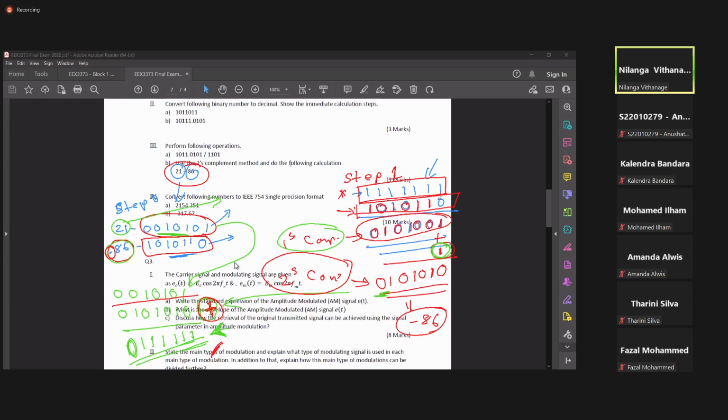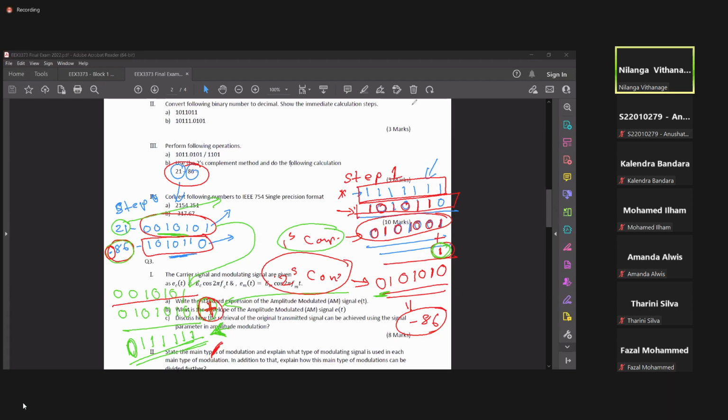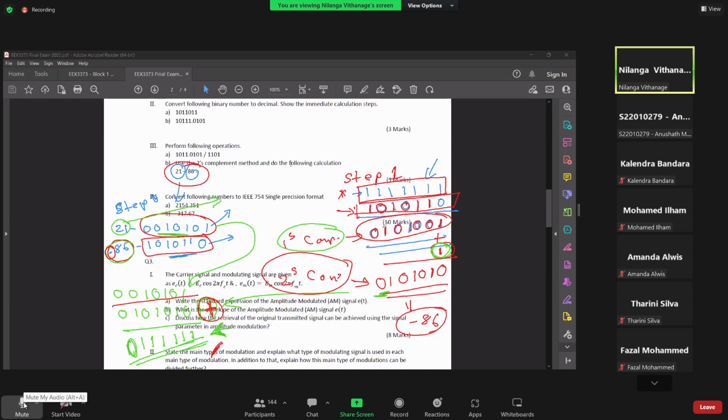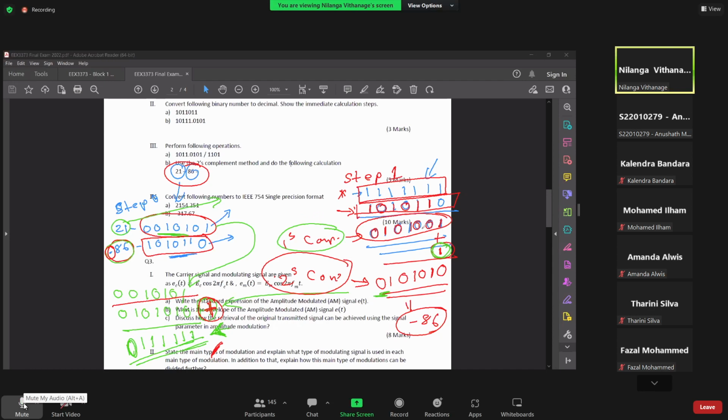In the easy method, you can complement, right? Whenever you see 1, you have to put 0, and whenever you see 0, you have to put 1. It is better to use the theory, but anyway, you can write the answer using that easy method.